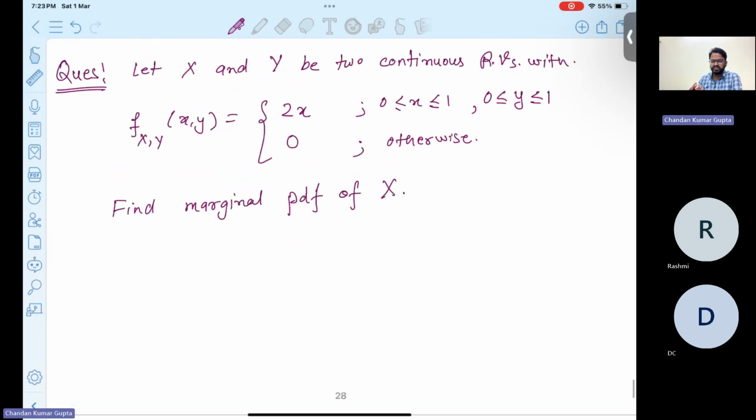It is simple. We are given the joint and we need to calculate the marginal, which we have already discussed.